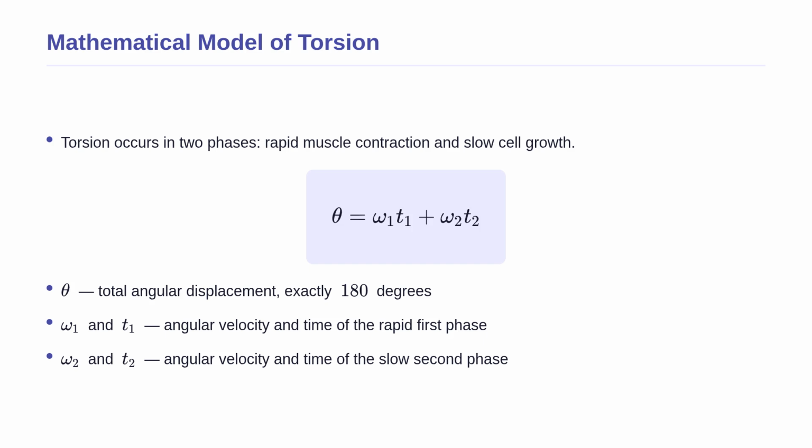Here, theta is the total angular displacement of 180 degrees. Omega-1 and T1 represent the angular velocity and time of the rapid muscle phase. Omega-2 and T2 represent the slower tissue growth phase. If the muscle contraction speed increases, the time required for the first half of the twist decreases, protecting the snail faster.